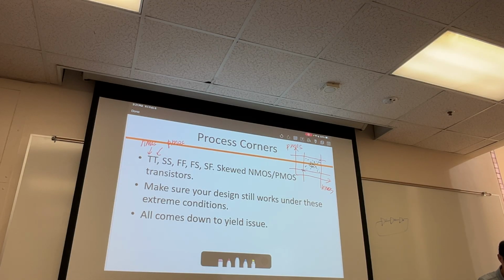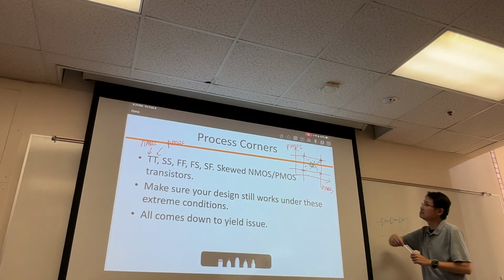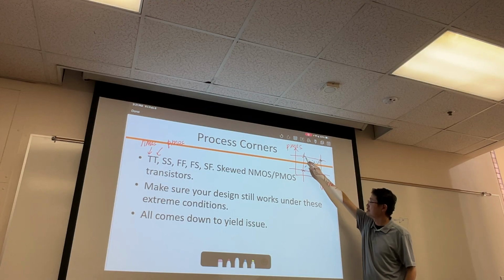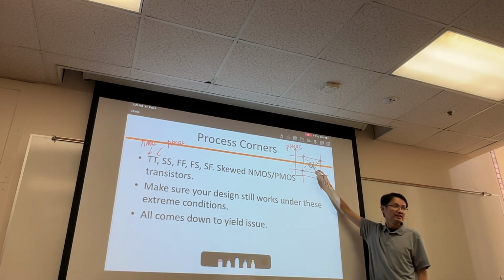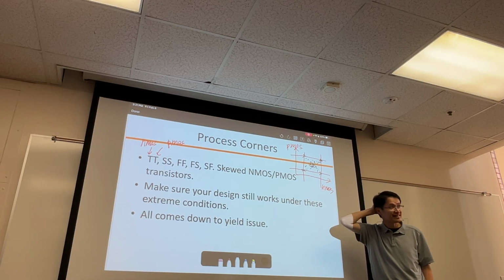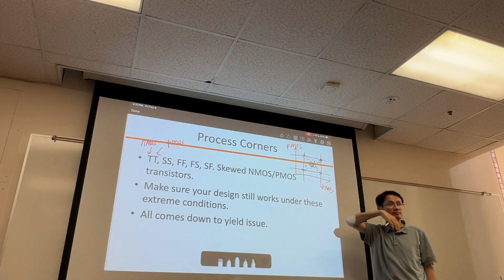The reason why we check the boundary condition is because you need the design margin. That's how you set the design margin. The hope is that if you check your circuit works here, here, here, here, and here, then the probability that all of them will work is very high. Does that make sense? So that's a boundary condition.